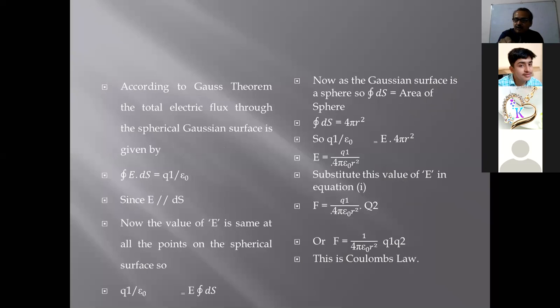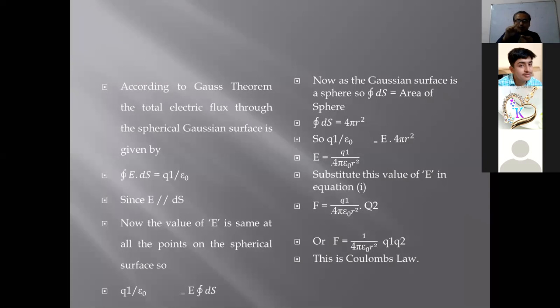And when you find the value of E, this 4 pi r square will come on the other side. What you will get is Q1 over 4 pi epsilon naught r square. This is the magnitude of the electric field at the point B due to Q1. This is E.